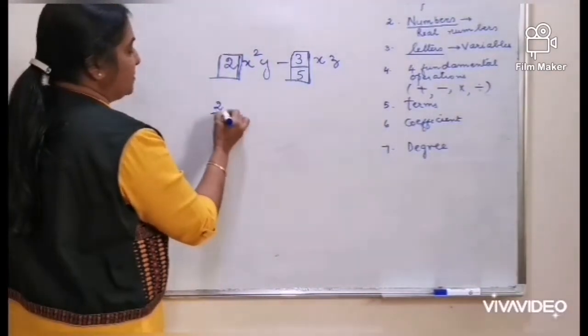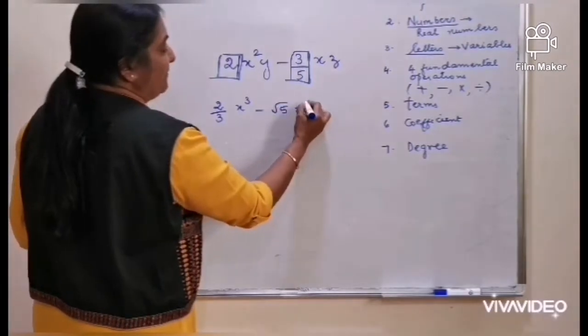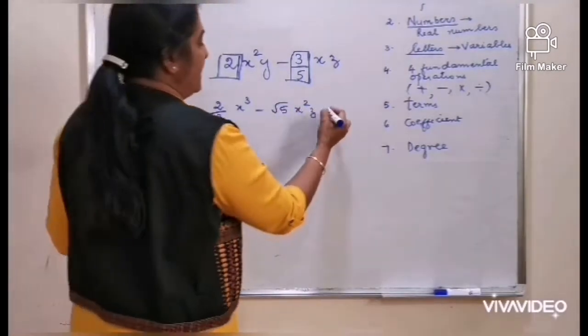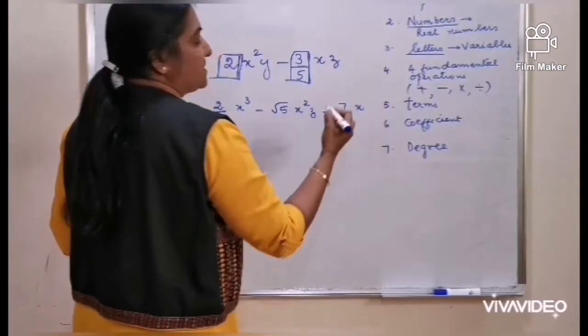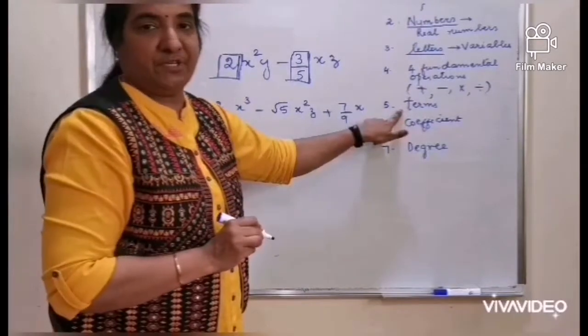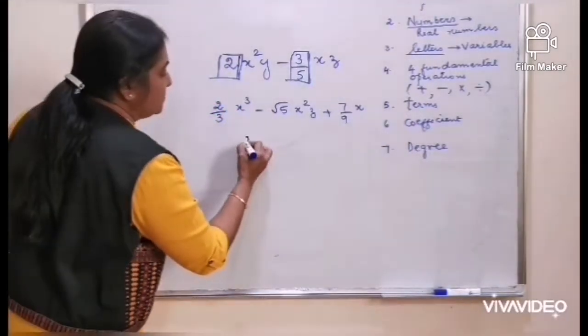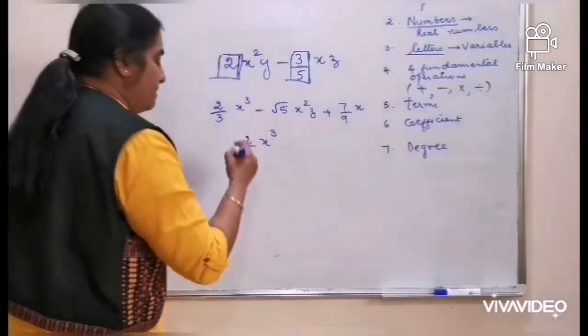Consider an expression 2 by 3 x cubed minus root 5 x squared z plus 7 by 9 x. What is the meaning of terms of this expression? 2 by 3 x cubed is one of the terms.